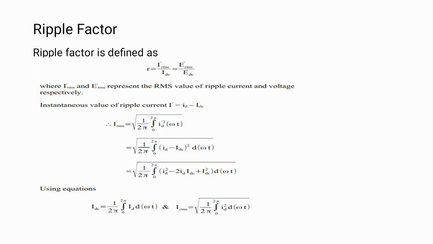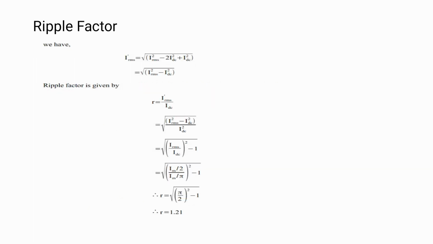By subtracting it, we can get the ripple current, and from this we have to find the RMS value of this ripple current. So this is root over of 1 by 2 pi, 0 to 2 pi, I'D square d omega t, and by putting the values and using the last equation for IDC and IRMS, we have I'RMS equal to root over of I square RMS minus I square DC.